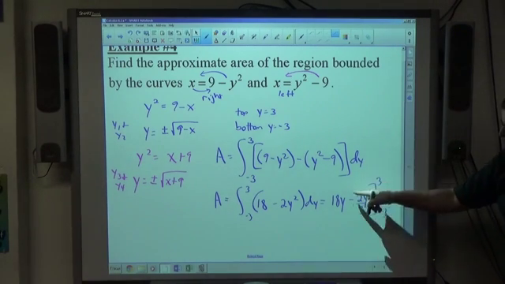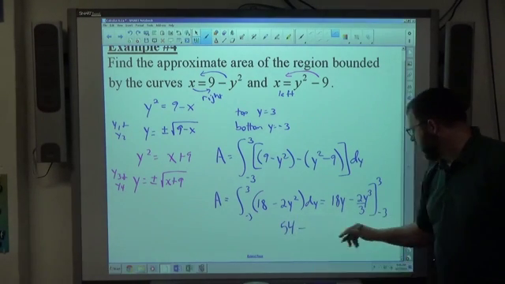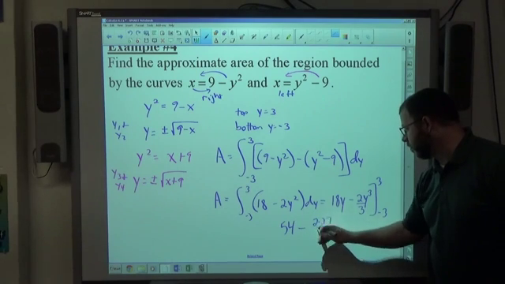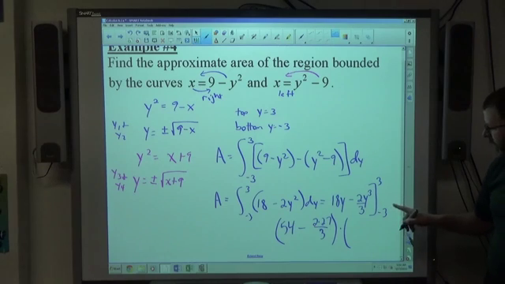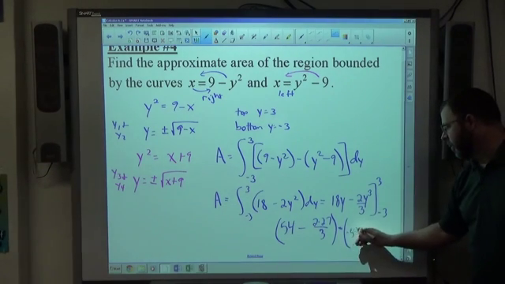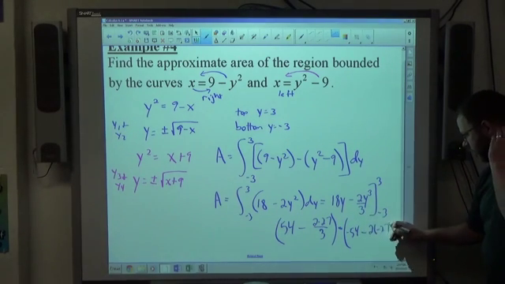We substitute 3 in first, positive 3, so 18 times 3 is 54. 3 to the third is 27 times 2 over 3. If I put negative 3 in, minus times. Put negative 3 in, negative 54, and it'll be minus 2 times negative 27 over 3.